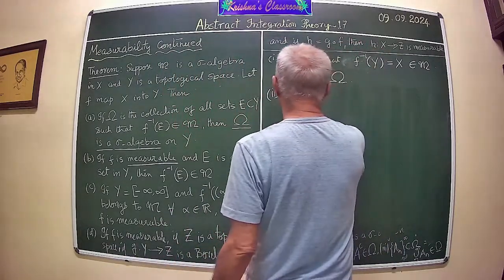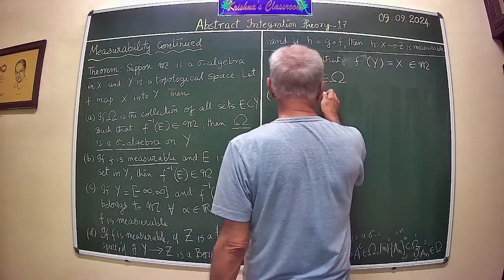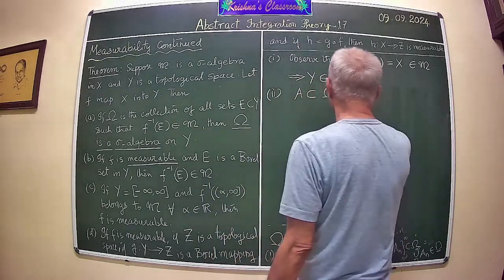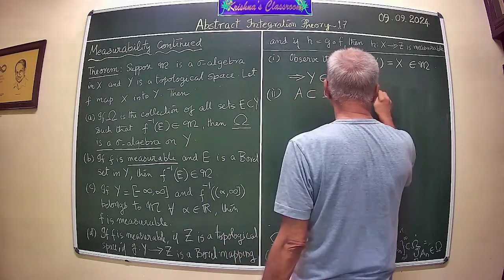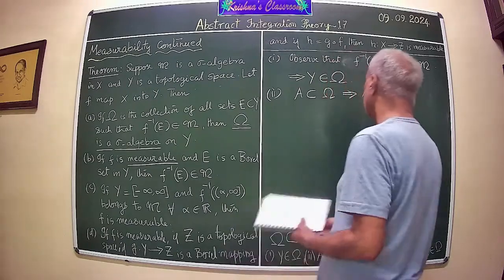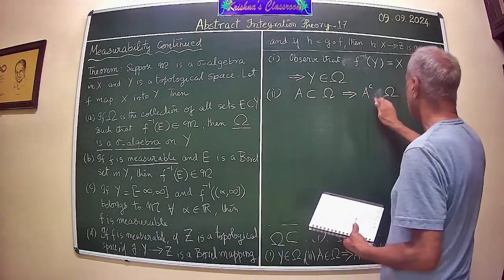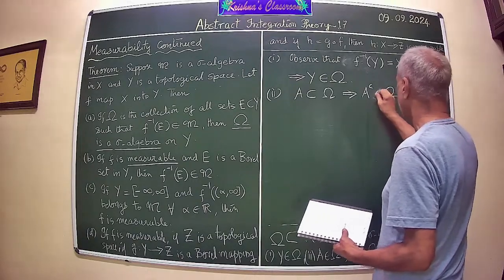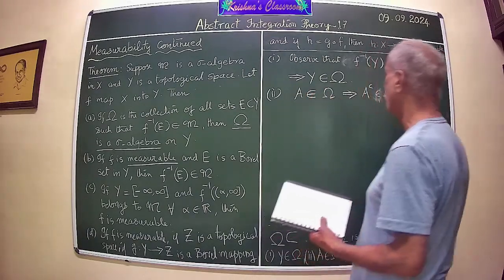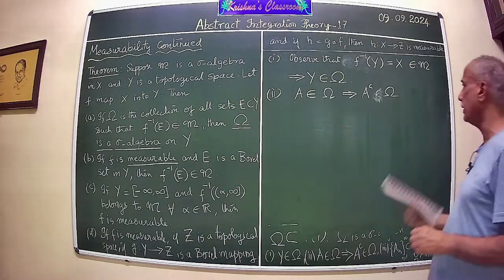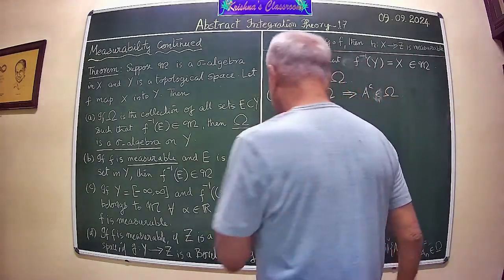A is contained in omega implies A complement belongs to omega. A is an element of omega implies A complement belongs to omega.